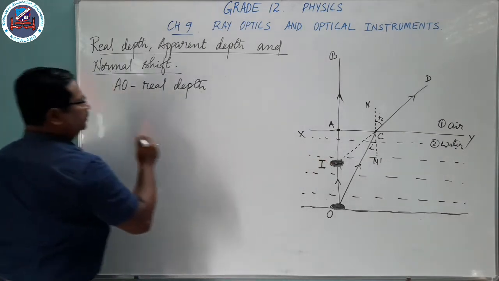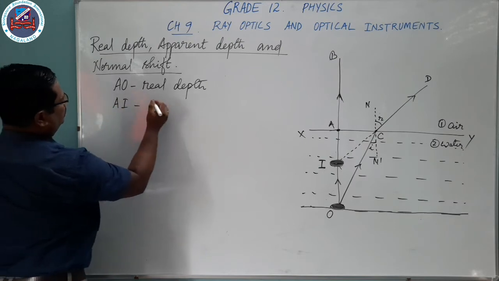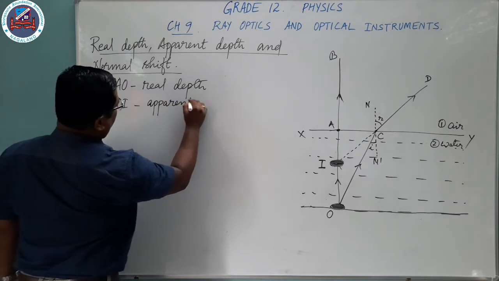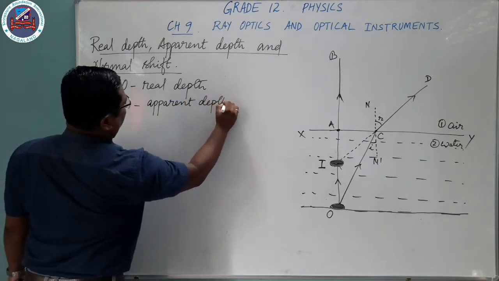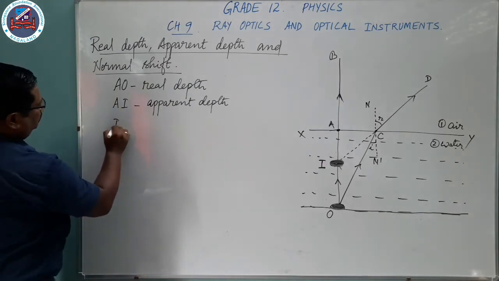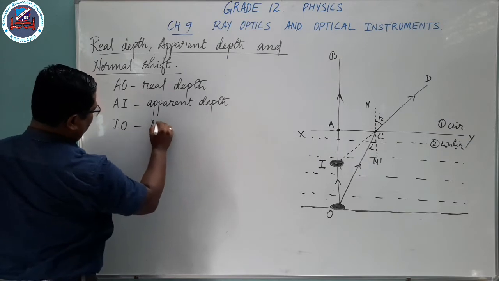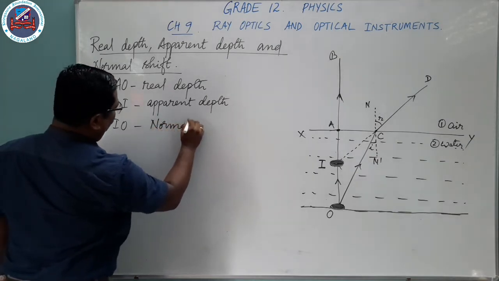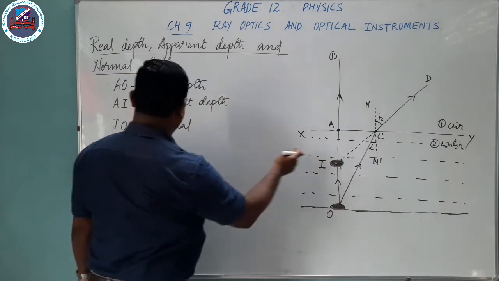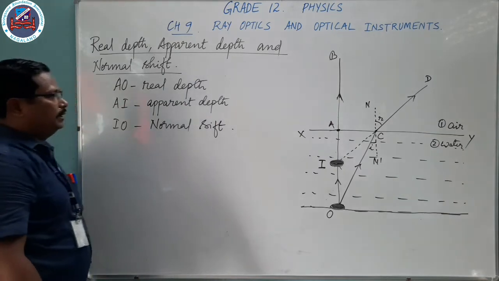AI is called the apparent depth. And IO is called the normal shift. Normally it is getting shifted, perpendicularly it is getting shifted. So we call it as normal shift.